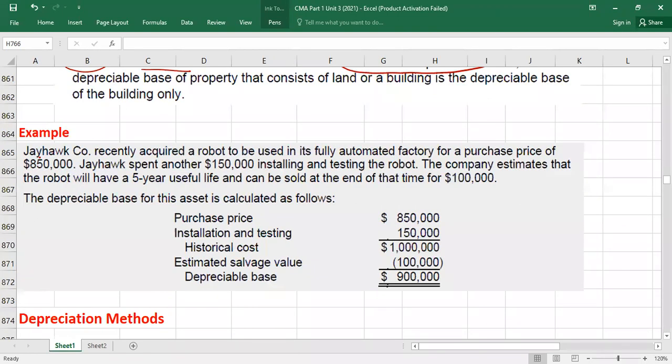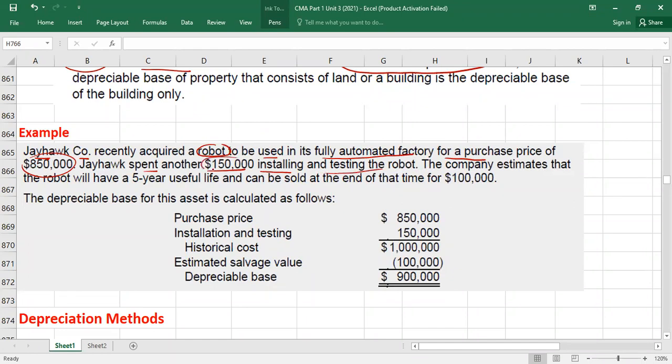For example, here we have an example. Jayhawk Company recently acquired a robot to be used in its fully automated factory for the purchase price of $850,000. This is the purchase price. Jayhawk spent another $150,000 installing and testing the robot.